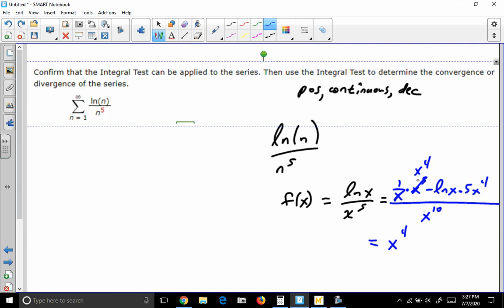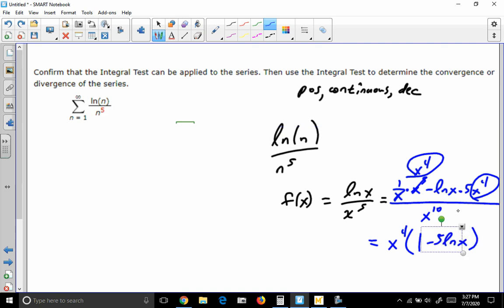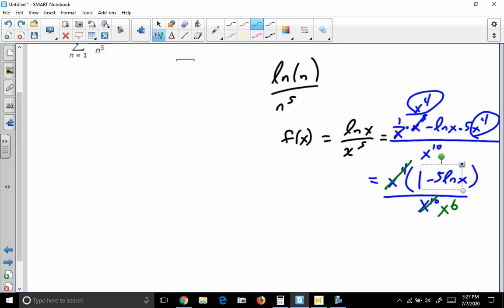That's actually a common factor, because we have x to the 4th in both terms. So we can pull an x to the 4th out. That leaves us a 1 for the first term, a 5 times natural log x for the second term, and x to the 10th on the bottom. That reduces. So our first derivative is 1 minus 5 natural log x over x to the 6th.